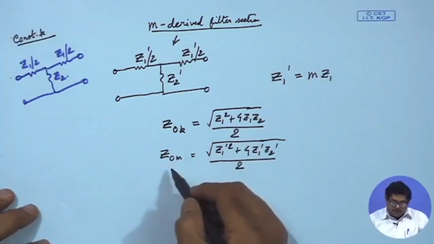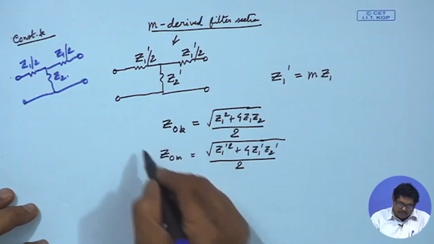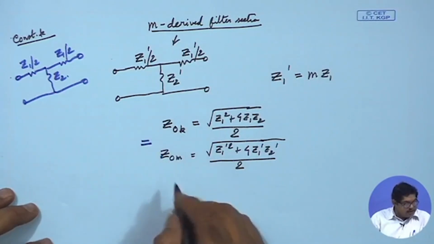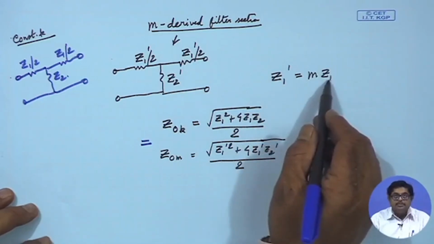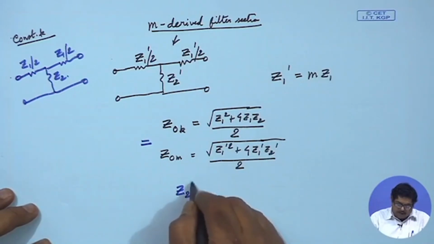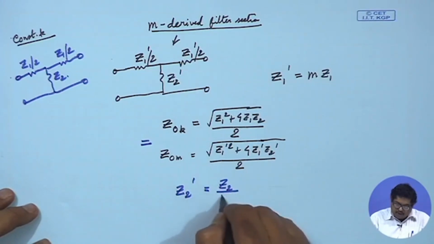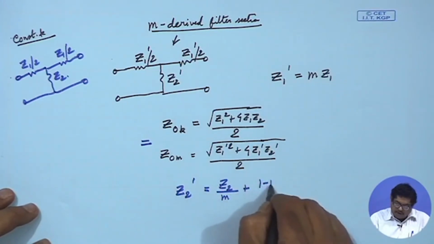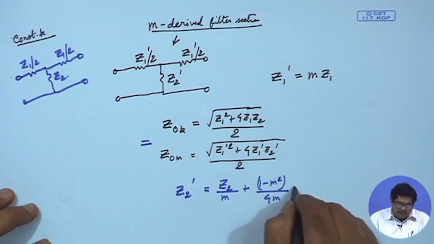Now, we do not want to disturb this characteristic impedance, so we equate these two. Then we can find Z2 dashed, because Z1 dashed we have expressed in terms of m Z1. By solving, I get Z2 dashed is equal to Z2 by m plus (1 minus m square) by 4 m Z1.